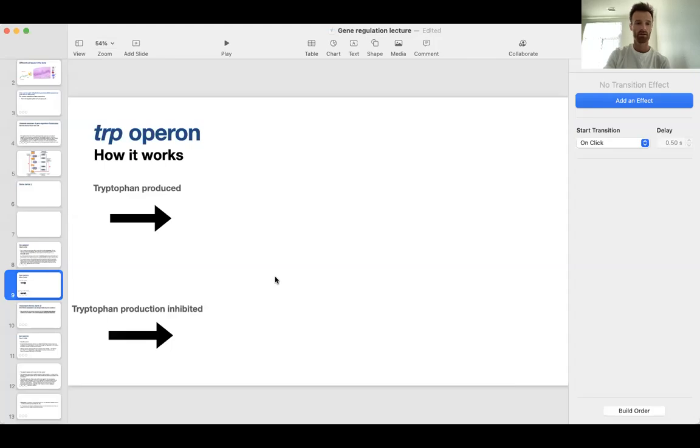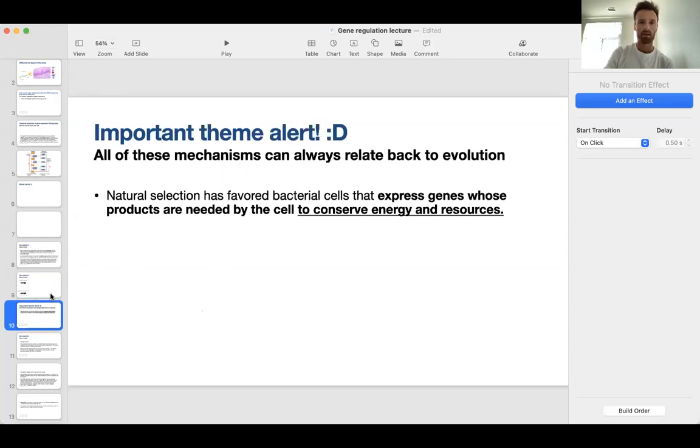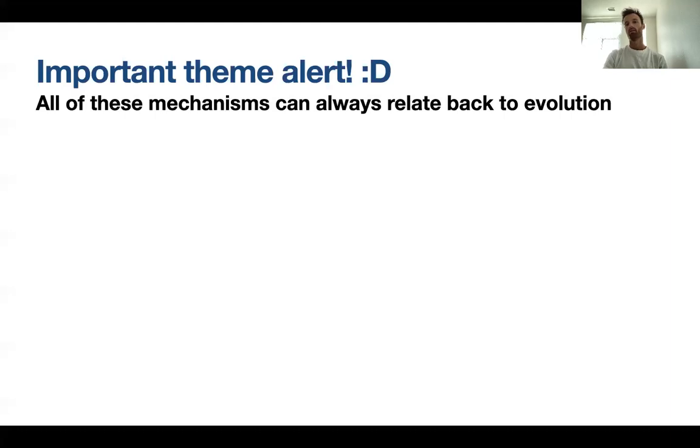Why? Evolution. Has to do with evolution. Oh, you know what? I think I kind of drew this out, so ignore this. Here we go. Important theme. Relate back to evolution.